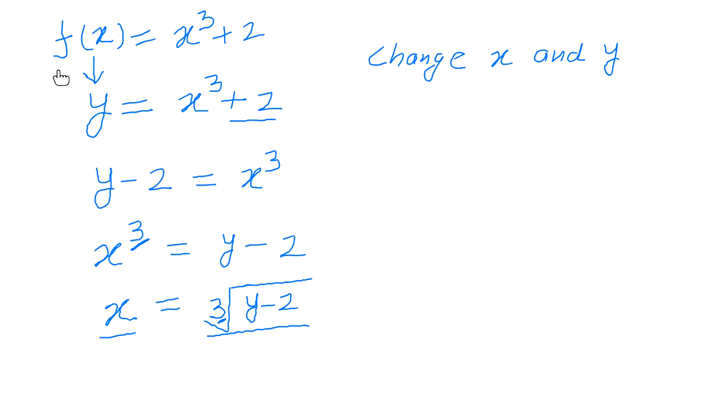So this is f inverse. You will get f inverse x equals the cube root of, and this y becomes x, so x minus 2, right? So this is the inverse.